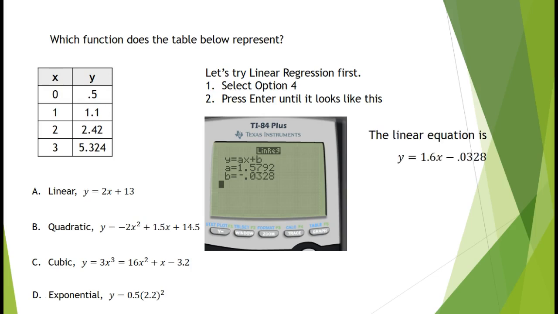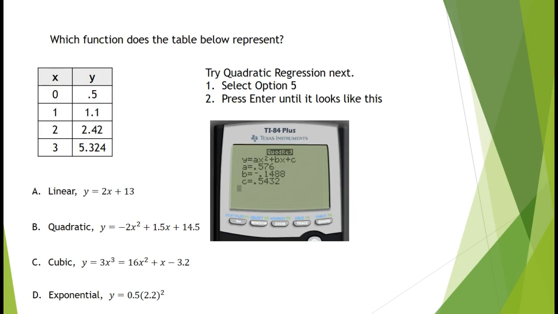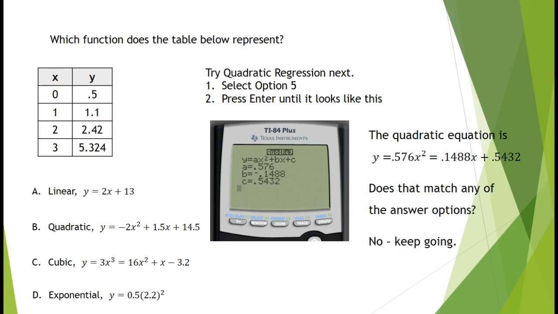Does that match any of our answer choices? I'd say not. So let's go on. We're going to do quadratic regression next. So we're going to press Stat, tab over to Calc, and select option 5, and press enter until it looks like this. Now that doesn't match any of our answer choices either.